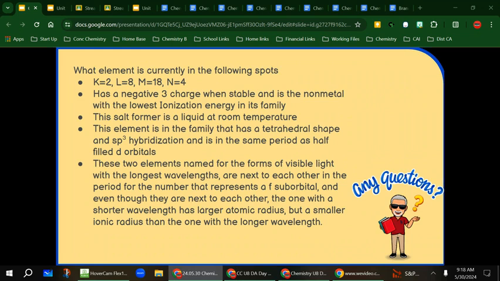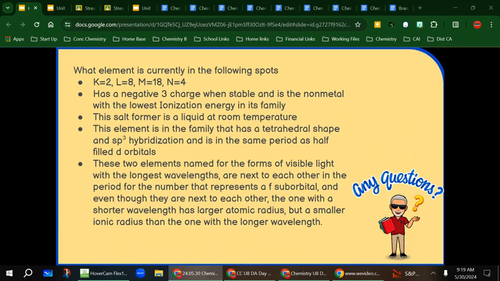I'll give you one more minute, ladies and gentlemen, then we'll go over them. Would an F suborbital be 6?